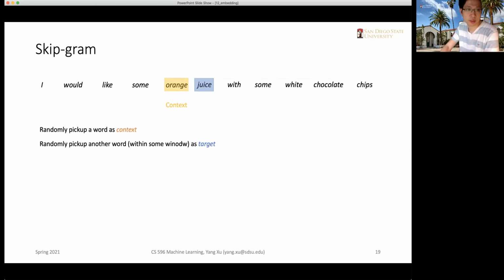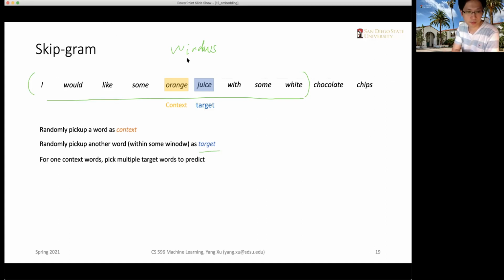For example, we set the limits of the window to be 4 words to the left and 4 words to the right. And for example, we randomly pick juice as another word as our target. Next, our goal is to predict the target word from the context. But we can choose multiple targets to predict.